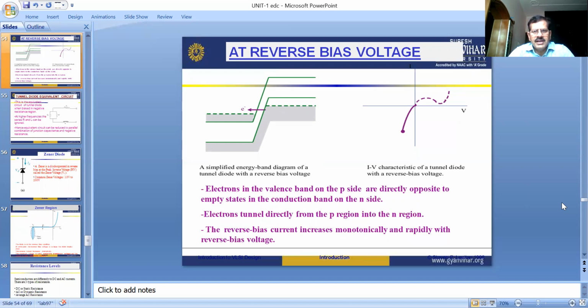A simplified energy band diagram of a tunnel diode with a reverse bias voltage and VI characteristics of a tunnel diode with a reverse bias voltage.